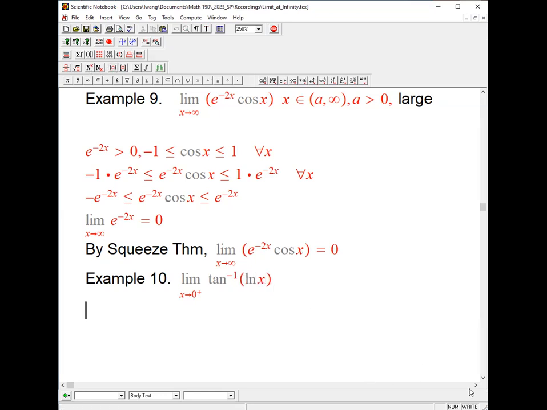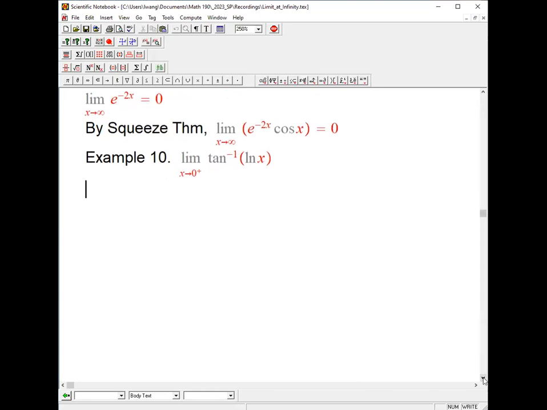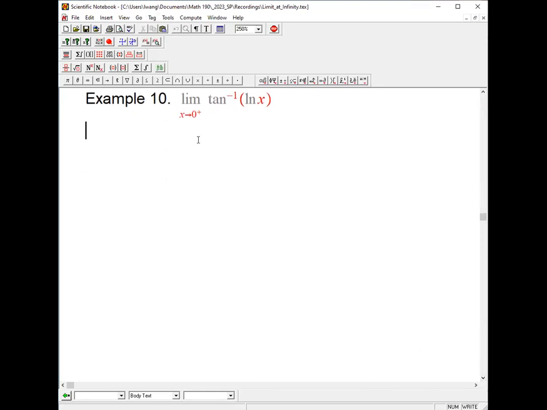Ln x should be a function we're pretty familiar with, but I'm going to bring it up anyway. Ln x has a domain: x must be greater than 0.